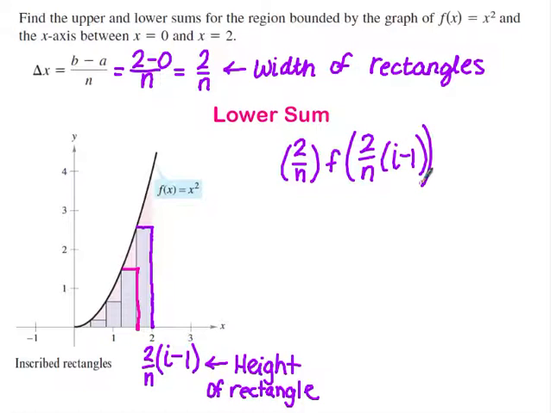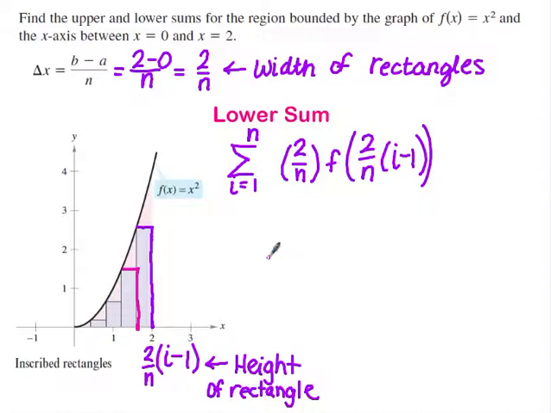So I've got width times height. Now in this case, I want all the possible values. So I am going to sum up every possible value. So this means all the possible rectangles. So when I put that sum, that's all the possible rectangles I can have. So I've got the area, width times height. This is all the possible rectangles, so it's adding them all up.